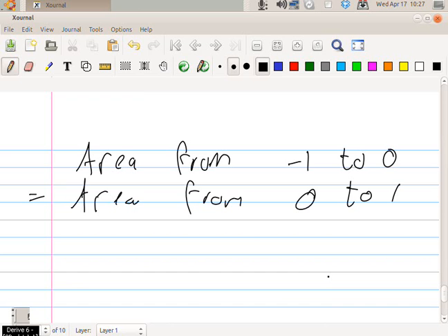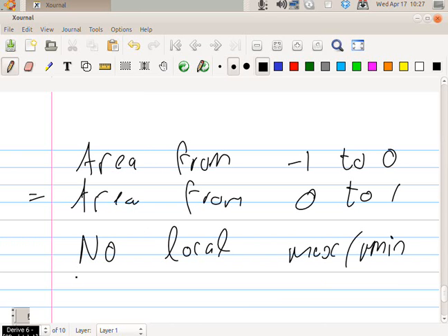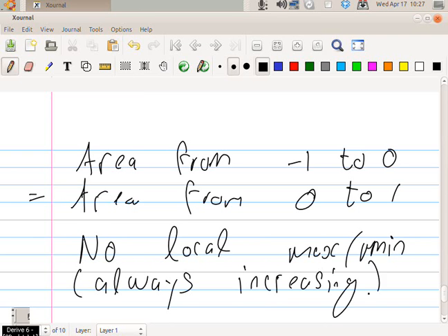And if you want extra points, you could also say it has no local max or min. It's always increasing, so it's always getting bigger. It never goes like this, like a hill.